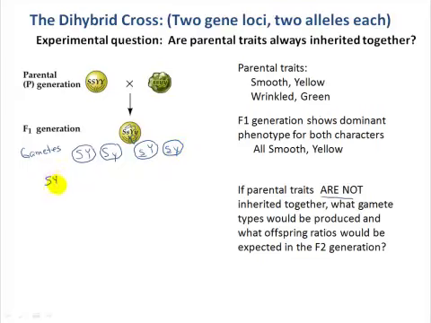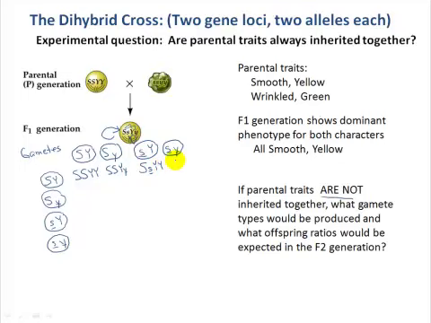And if we created a Punnett square in which we put the gamete types down the side, and remember that what we're doing is we're intercrossing these F1 plants with each other, so they're all going to be genetically identical, they're all going to produce the same types of gametes, then what we would end up with is a 4x4 Punnett square. And if we go ahead and draw out all of the genotypes that we would get from combining these gametes in all possible combinations, then we'd get 16 squares here.